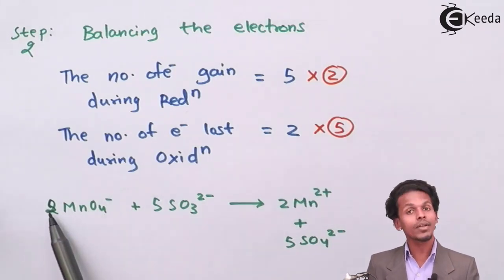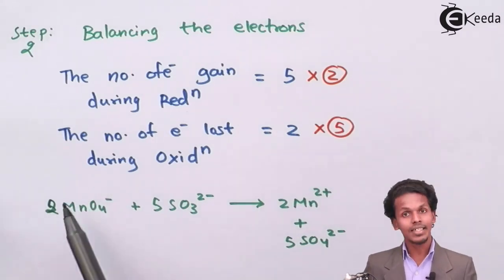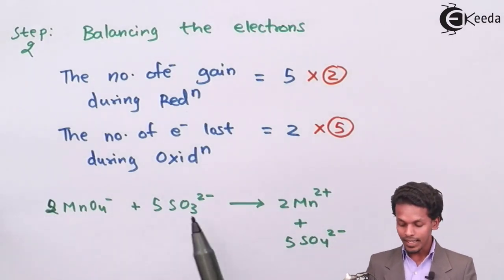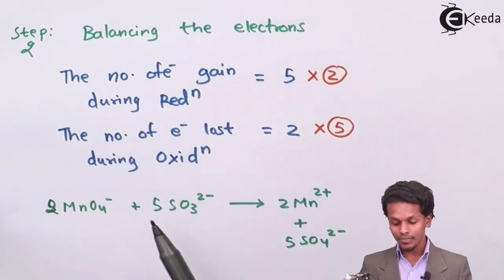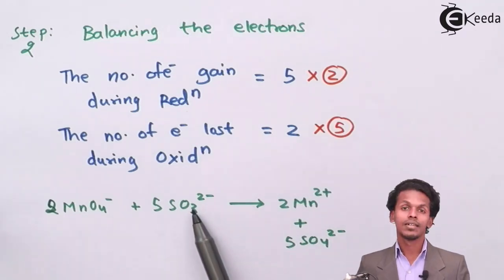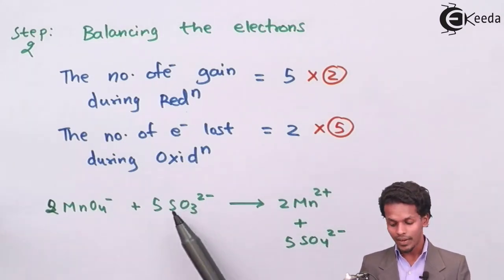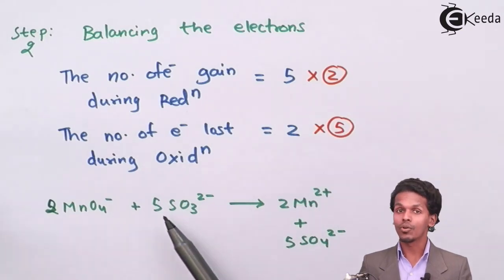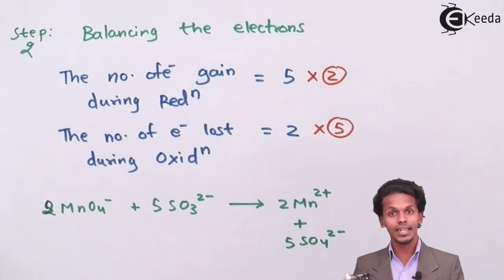But if I multiply by 2 moles, I get 8 oxygen atoms in the 2 moles of MnO4. But there are 5 moles of SO3 2 minus. SO3 has 3 oxygen, so the 5 moles of SO3 will have a total of 15 oxygen.